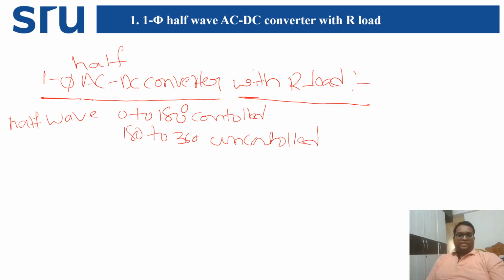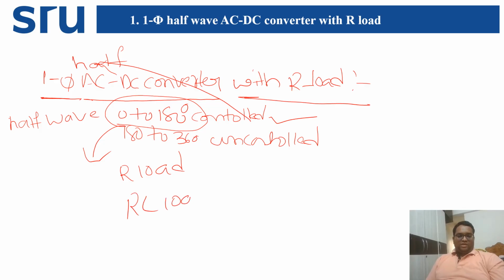Only one half cycle we are controlling. That is why we call it a single phase half wave AC to DC converter with R load. Here, in 0 to 180 degrees only, we are going to have different types of operations, for example resistive load, inductive load, RL load, and RLE load.